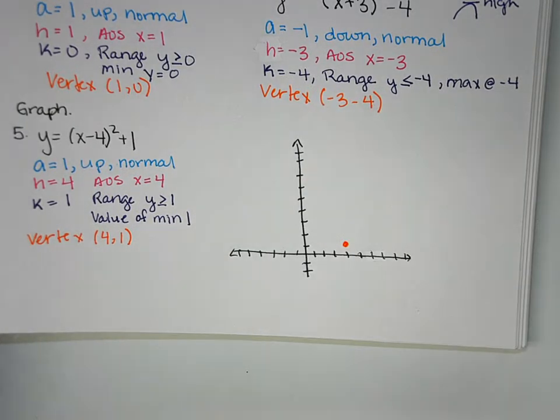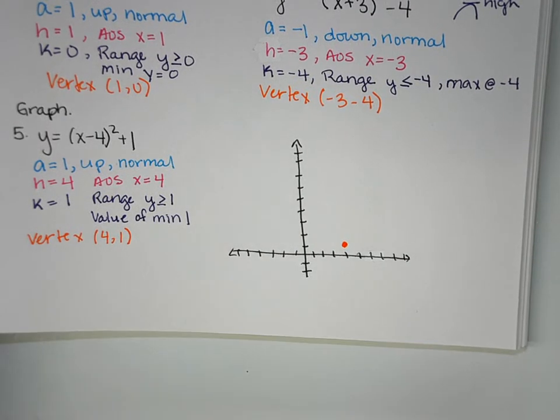Then I'm going to graph my axis of symmetry. So how do you graph the line x equals 4? What kind of line is that? Anyone remember from last year? Not horizontal. Vertical. Okay.